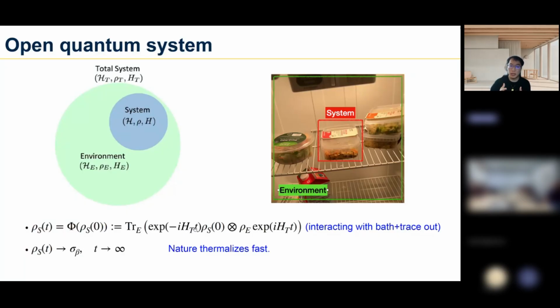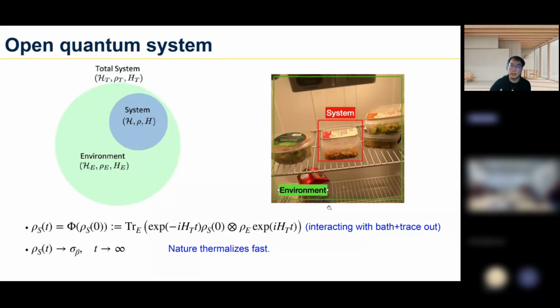So when we care about the open quantum system, the main reason is we all know nature thermalizes very fast. Here you can imagine that I put a food into a fridge. Then I can see the food as my system and the fridge as environment.